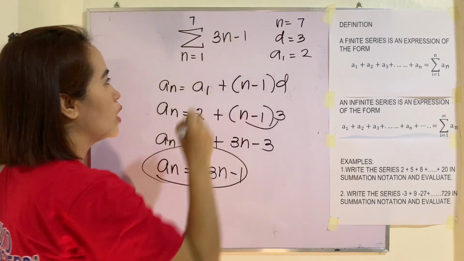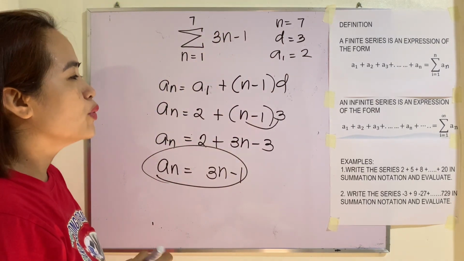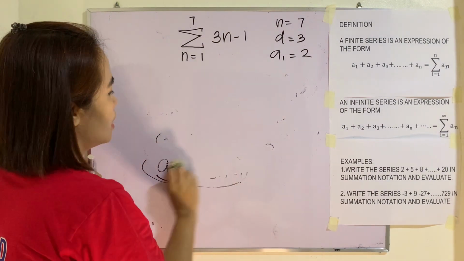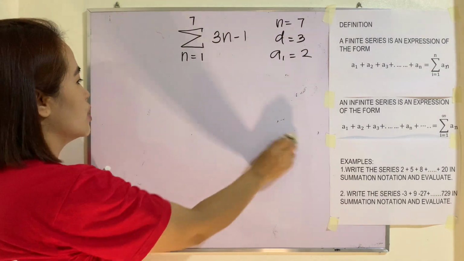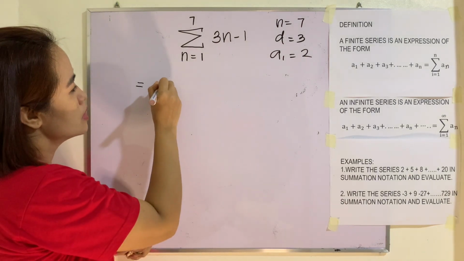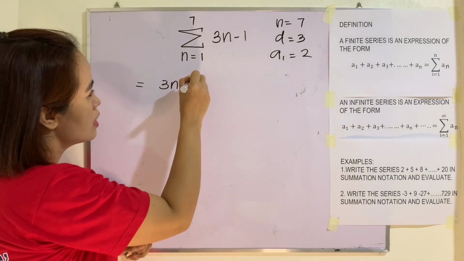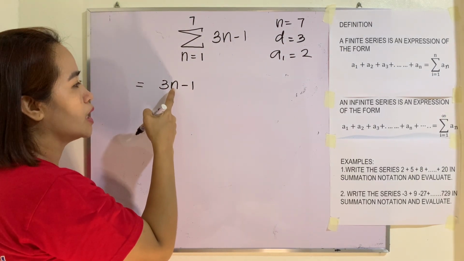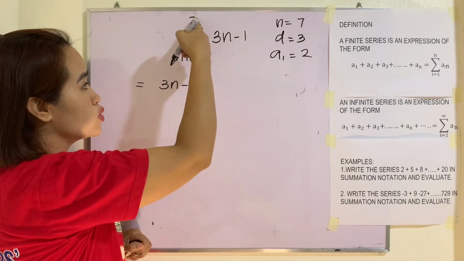3n minus 1. Now, how are we going to evaluate it? To evaluate it, this is what you're going to do. This one is your first term, so we will be substituting n here by 1 up to 7.